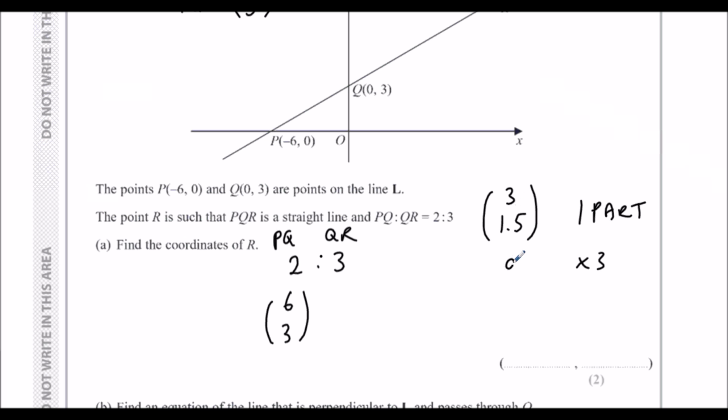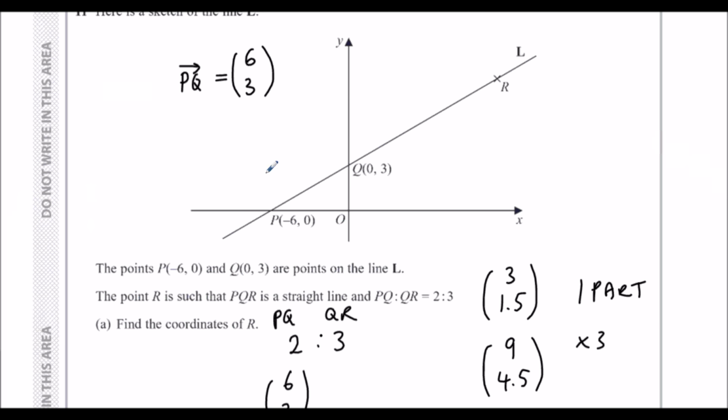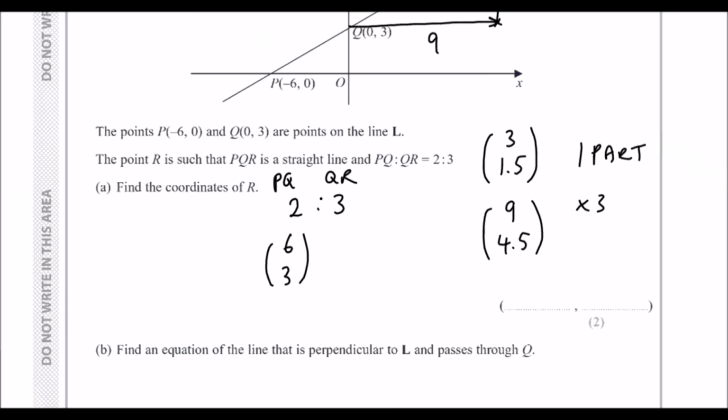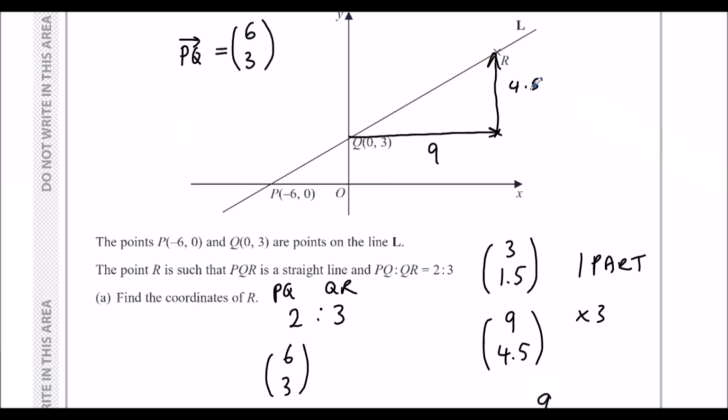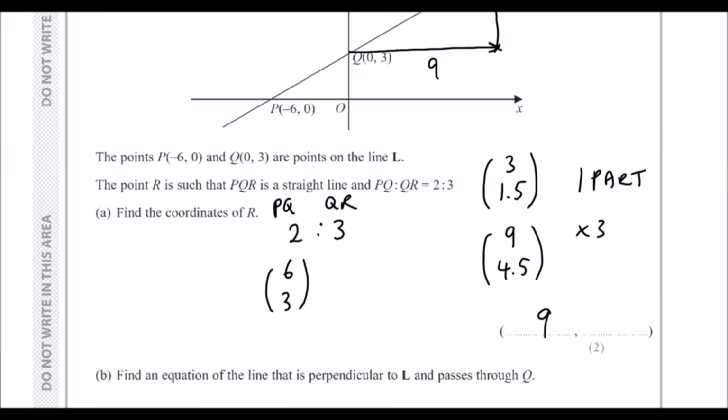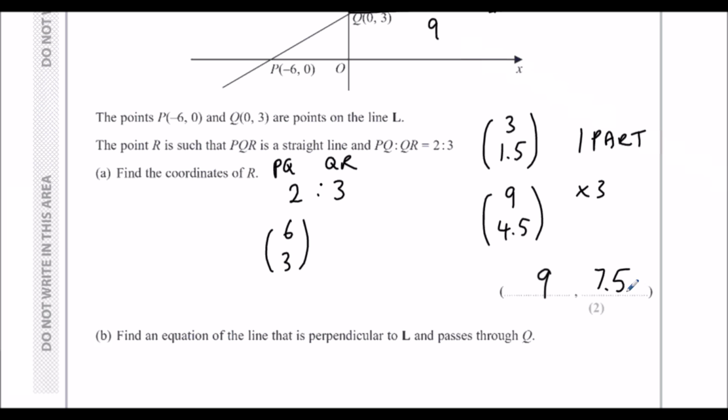So 3 3s are 9, 3 1.5s are 4.5. So I want to go right 9, up 4.5. So 0 add 9 is 9. So the x will be 9. And 3 add 4.5 will make 7.5. So that'll be 9, 7.5.